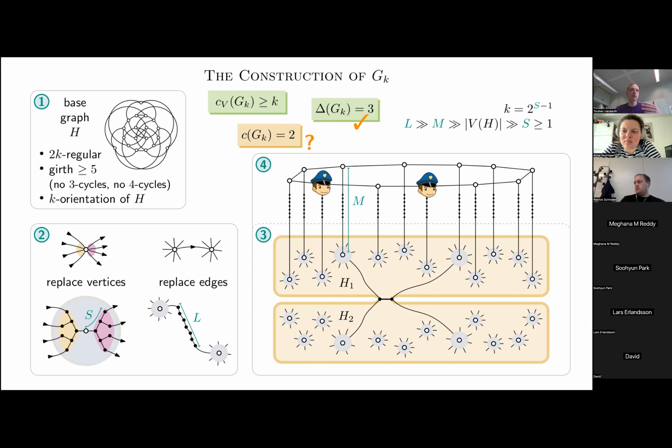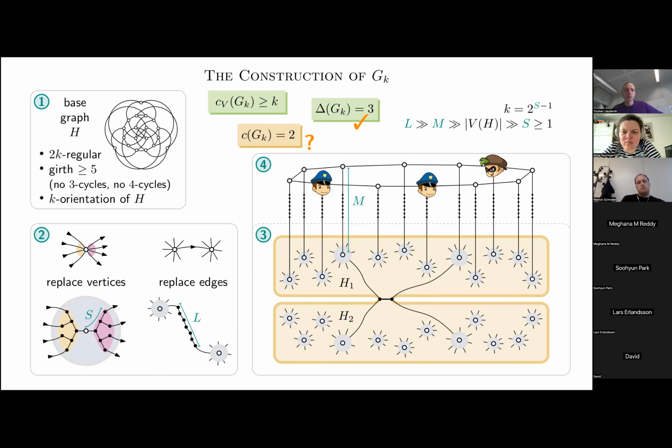My general idea is, first of all, I want to push the robber down in this graph. So if he's on the cycle, I want to push him into the H1 copy. And if he's in the H1 copy, I want to push him to the H2 copy. So if he starts in H2, I'm happy already. Or if he starts in H1, I'm happy already. So let's assume that he starts on the cycle. So I want to push him out of the cycle.